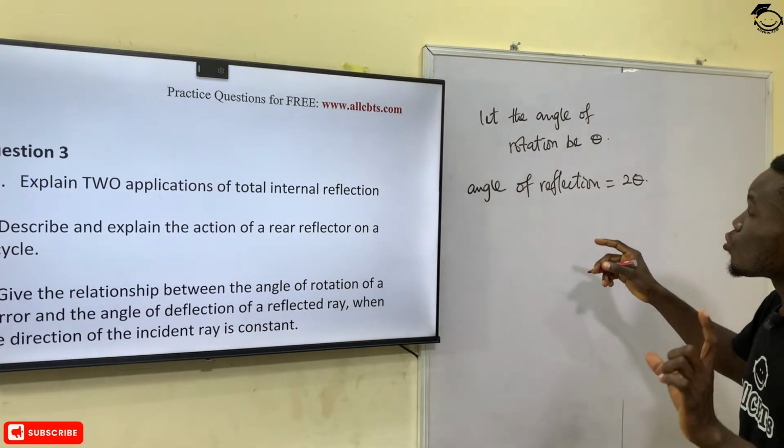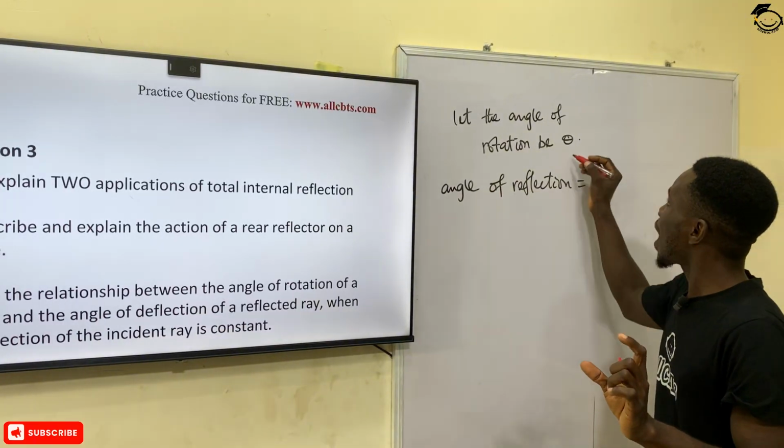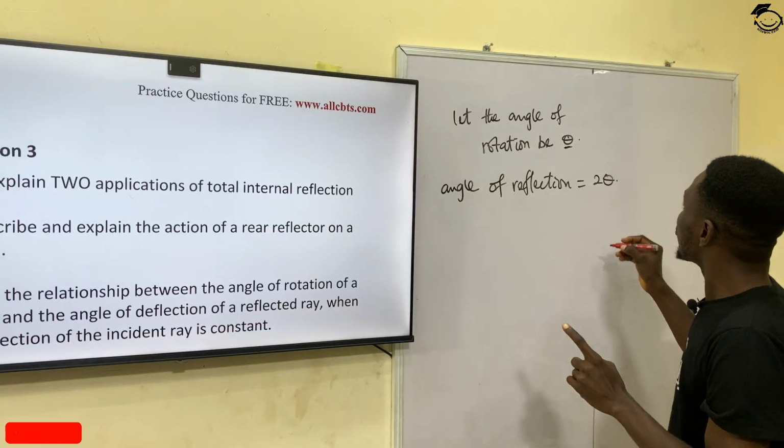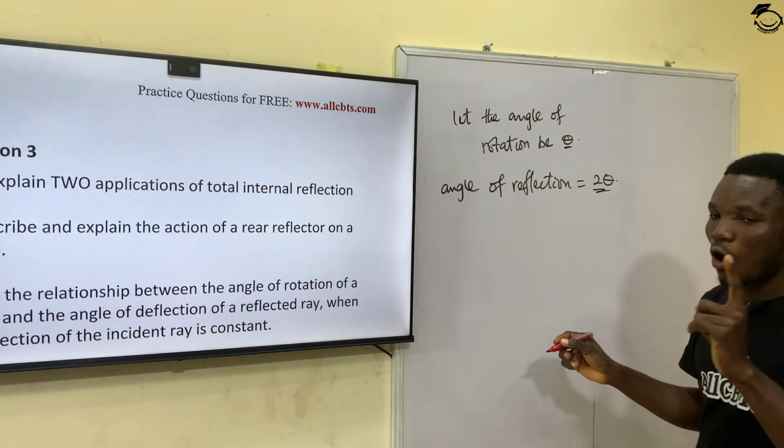So when you rotate your mirror at an angle of theta, the light that is incident on it will be reflected at an angle of 2 theta.